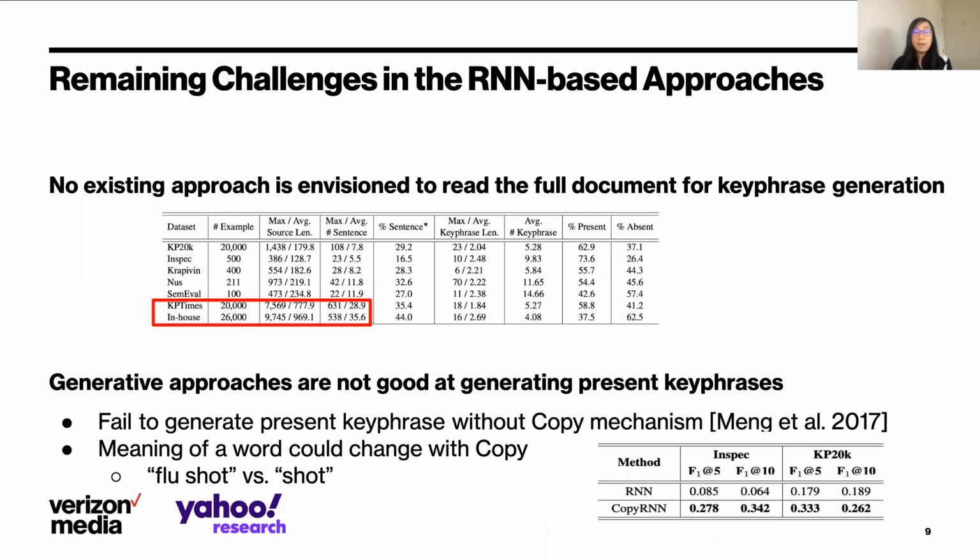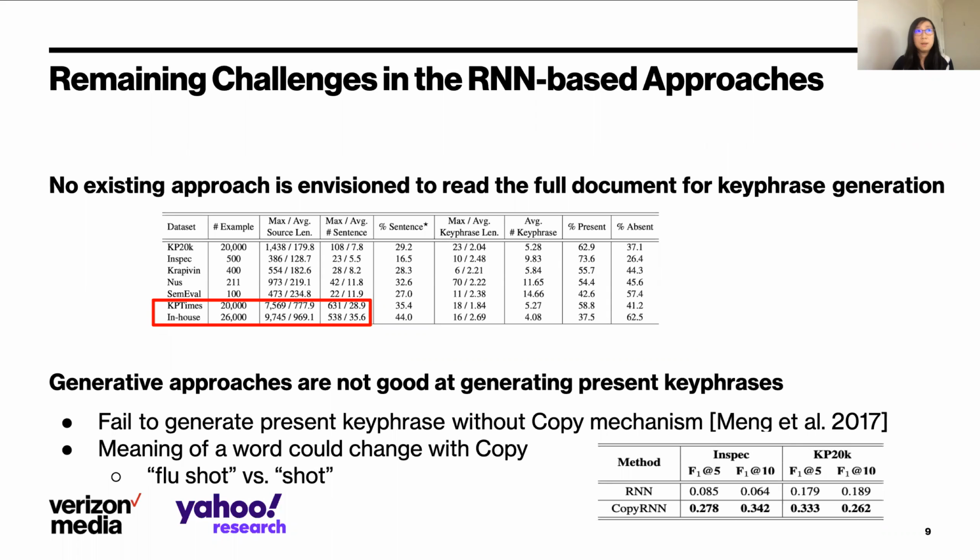So overall, I think the literature has shown that this generative approach has better performance than the extractive approach, but they still have some problems that haven't been addressed yet. One problem we see is that all these approaches are not designed to process very long documents.